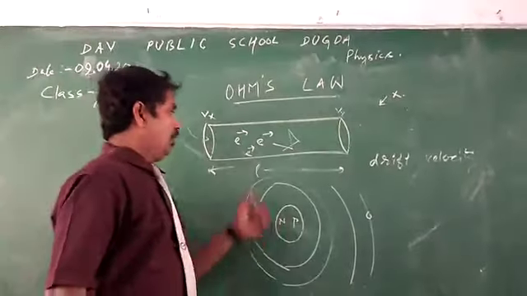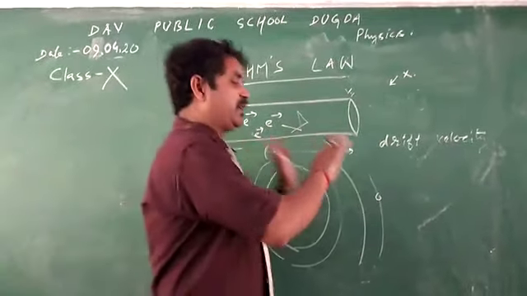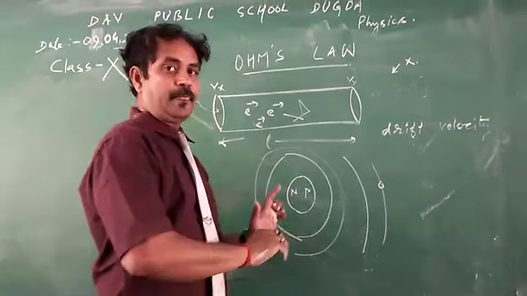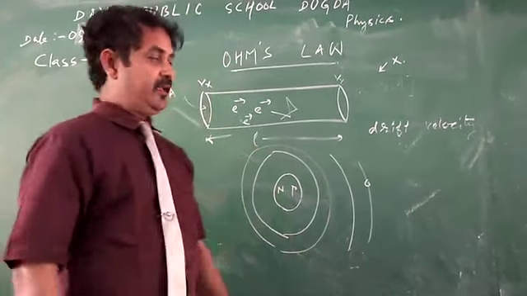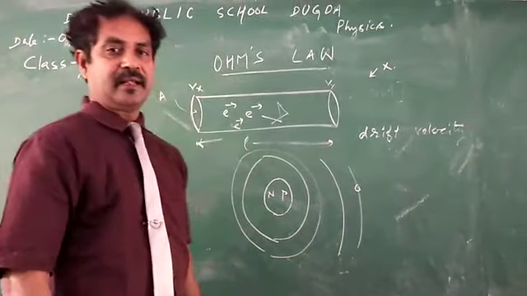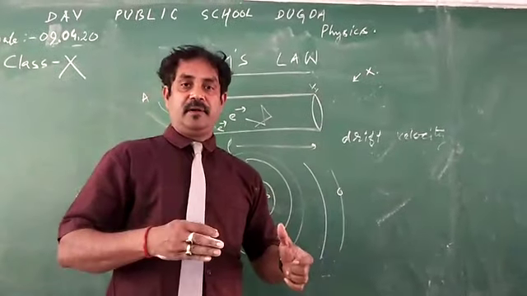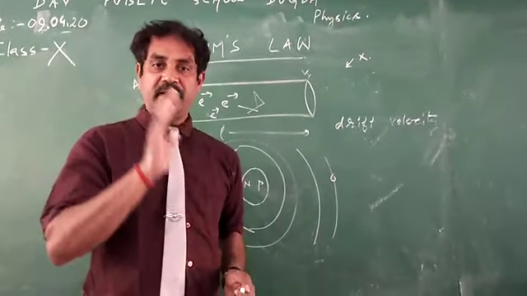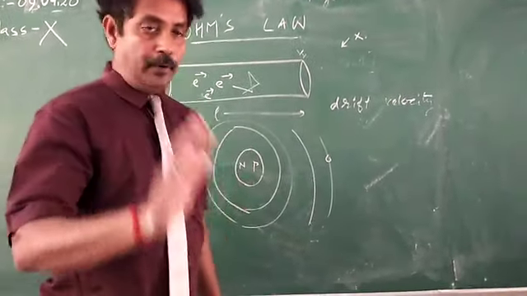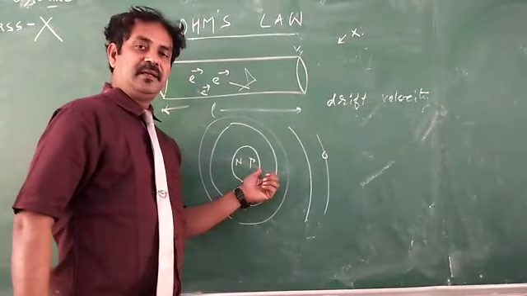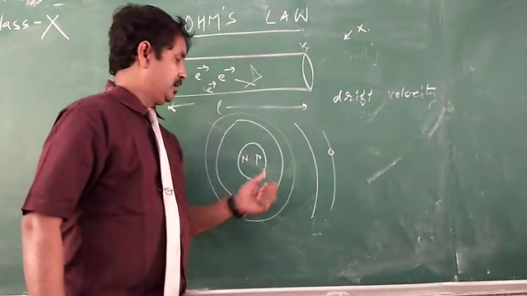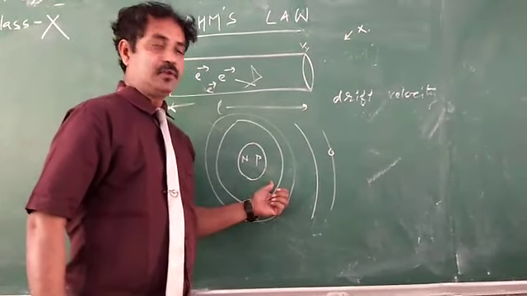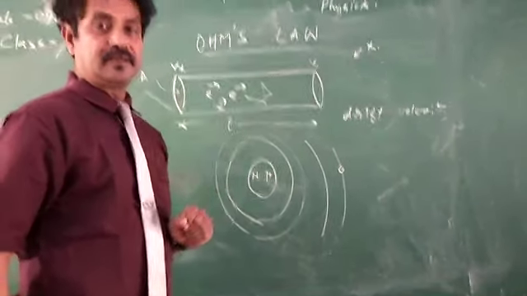Now, when electrons are drifted in a particular direction, the movement or mobility of the electron is opposed by the atoms. Which atoms? The atoms which are present inside the conductor.